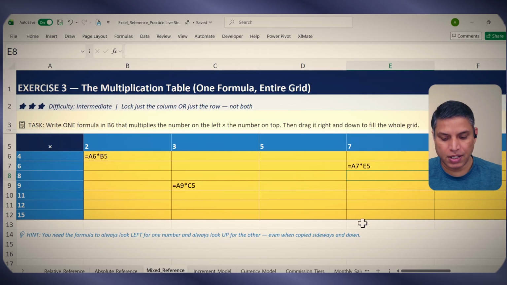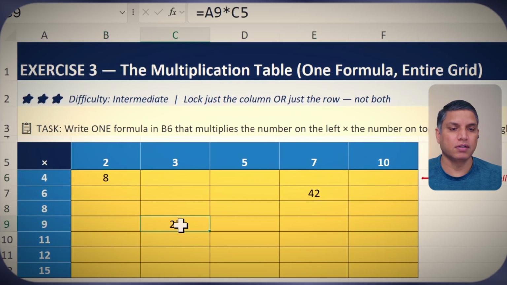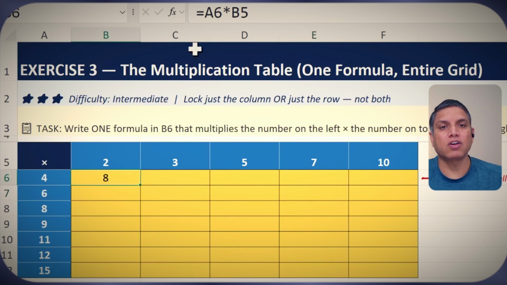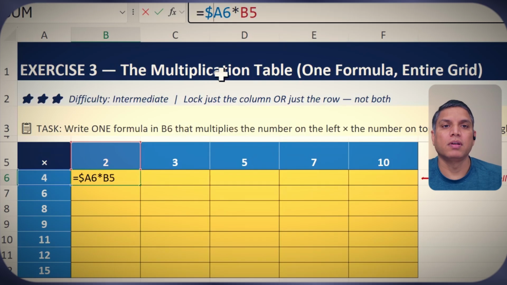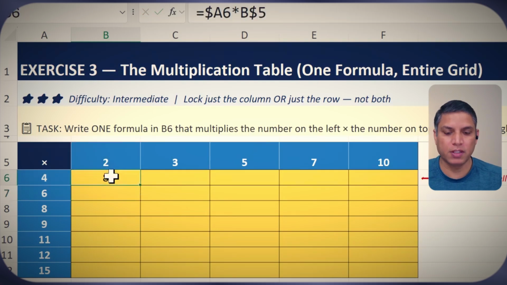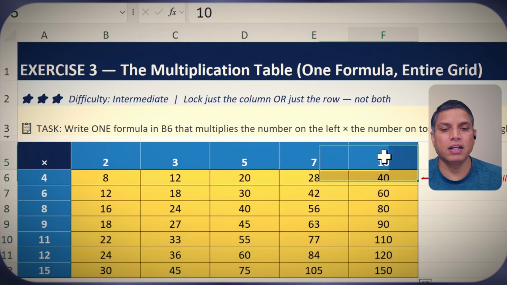Okay, I will get back to the normal mode. This was my formula. So one thing was common, A. So I put dollar before A. The next thing that was common was 5. So I will put dollar before 5. And now if I copy this formula, Control C, select this range and press enter. 10 into 15, that's 150.